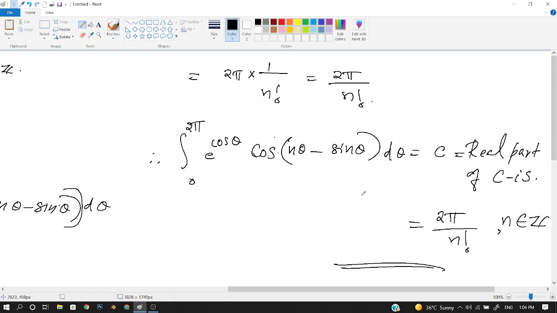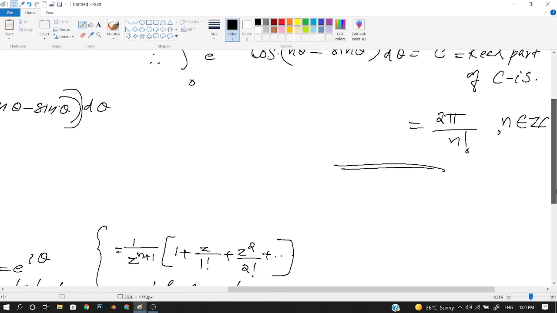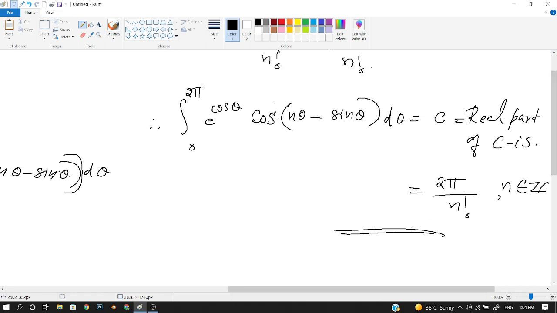And actually that is the real part. So this is the answer. And instead of this, if the question is sin theta instead of this cos, then the answer will be the imaginary part. And here the imaginary part is 0. So this is our required answer.